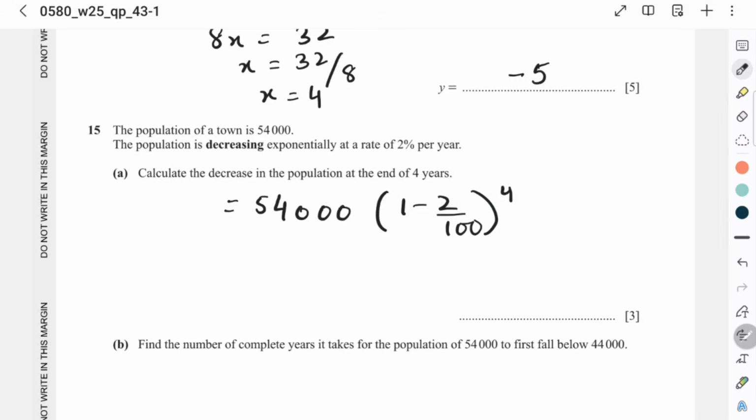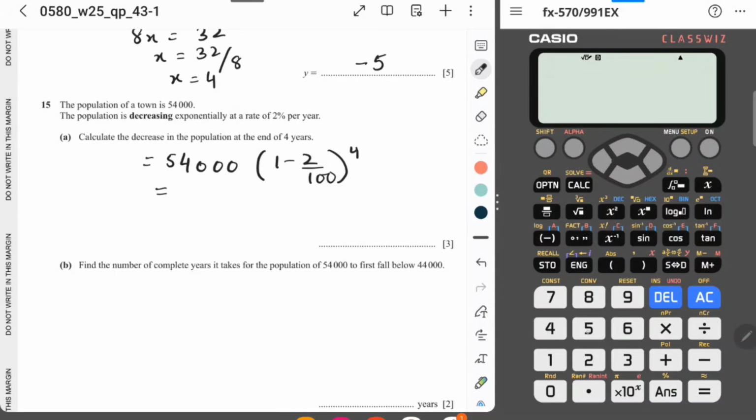And then you write down the value of it, that is equal to 49,807.88. So that is the population after 4 years.